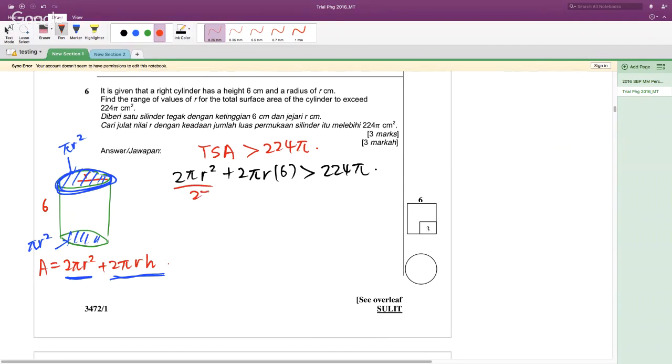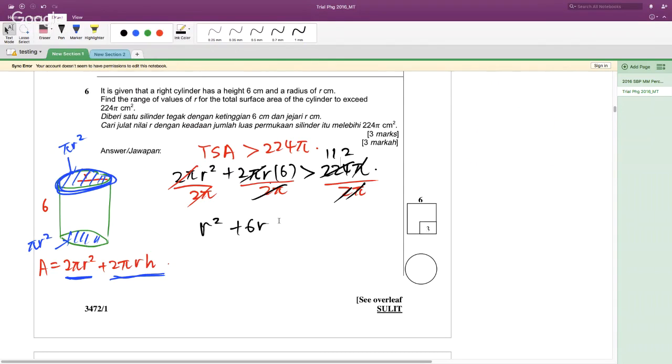I divide every term by 2 pi. Why do I want to divide by 2 pi? Because I just want to simplify the equation and make it look easier. 2 pi and 2 pi cancel, I left r square. 2 pi and 2 pi cancel, I left 6r. On the right, pi and pi cancel, 2 simplify, I get 112.